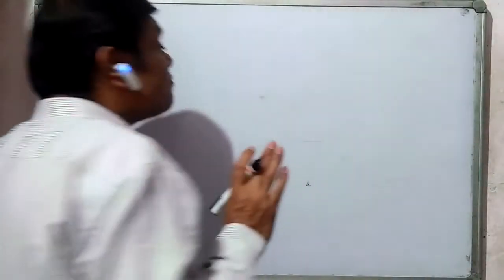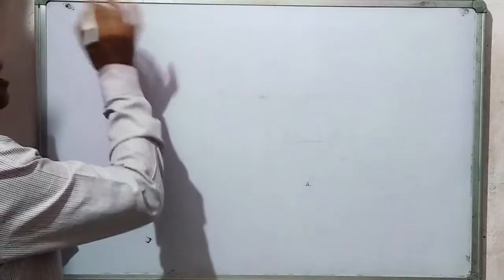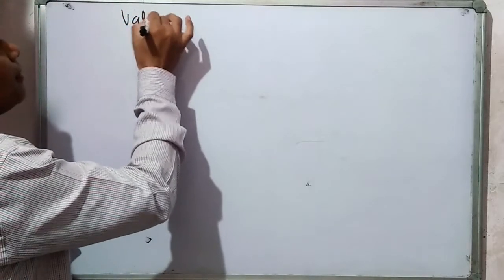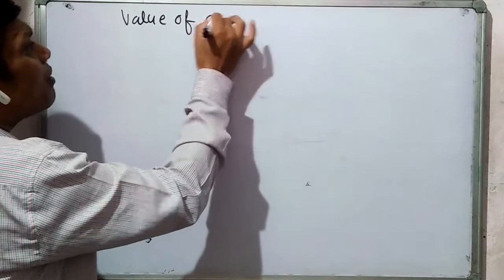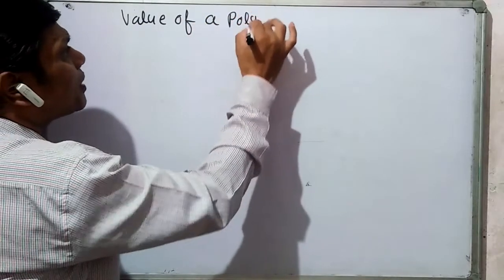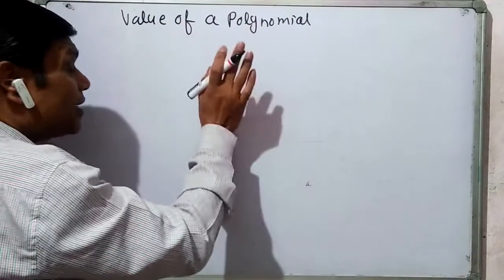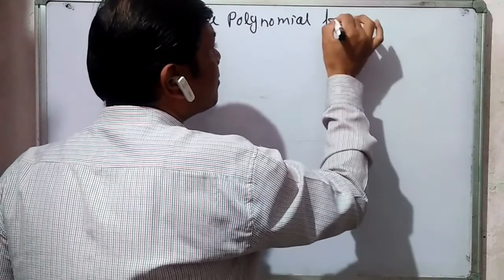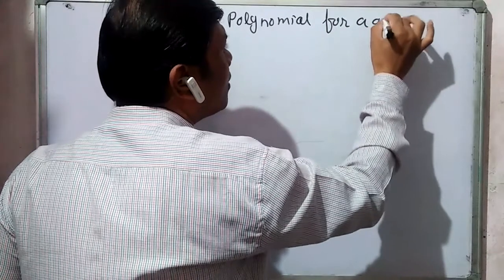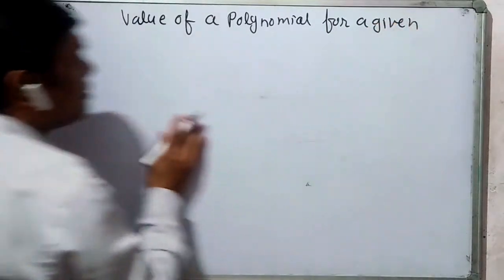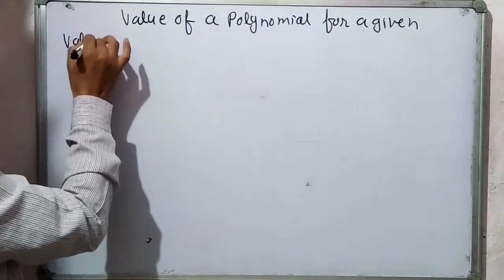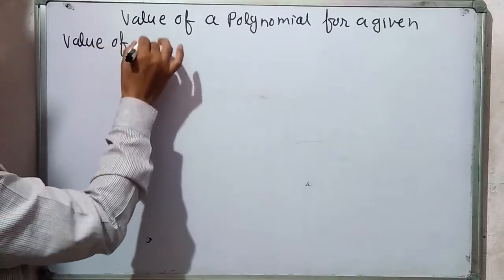So dear students, next thing that we want to understand is how do we find the value of a polynomial. In addition to this, I will write: for a given value of variable.